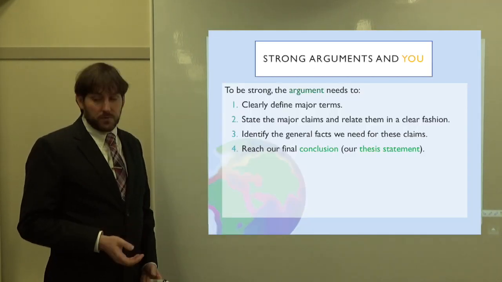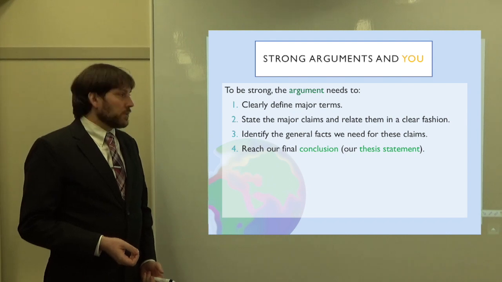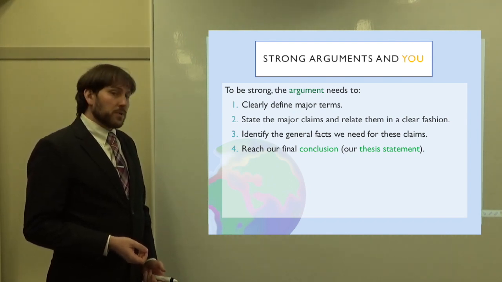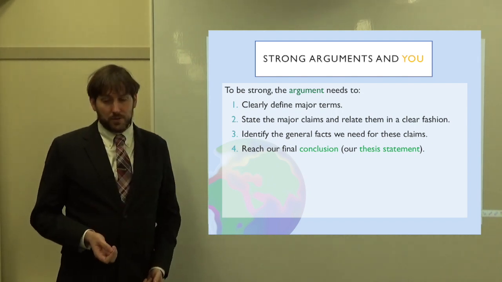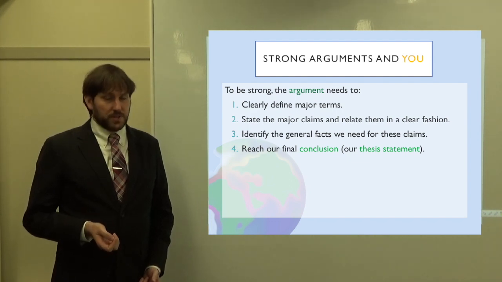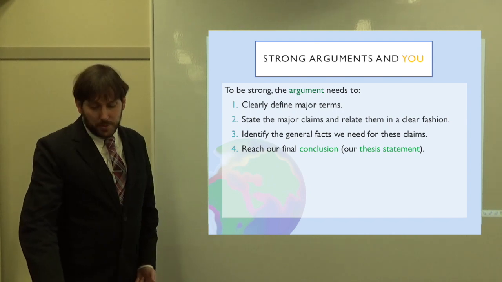Now, this is a slide you've seen before. In order to make a strong argument, you need to clearly define the major terms. You need to state the major claims and relate them in a clear fashion. You need to identify the general facts we need for this claim and reach our final conclusion, which is our thesis statement. Now, let's tie that into this week's topic.